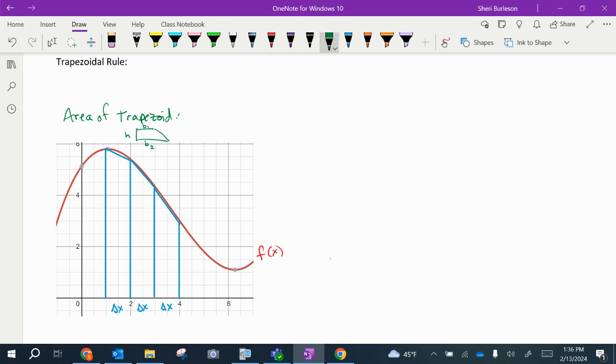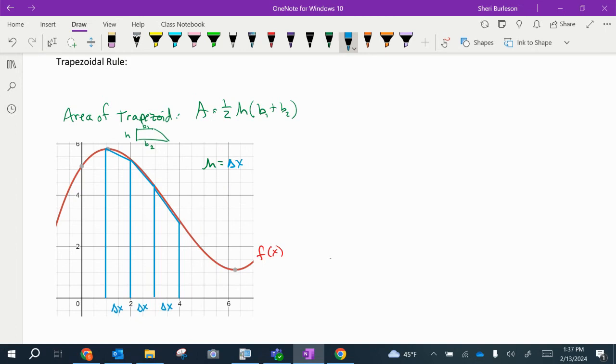The area is calculated by taking half of the height times the sum of the bases. So if I envision my trapezoid vertically, that means the height of my trapezoid is my delta x. And then my B1 and my B2 are the function values at the end of the subinterval.